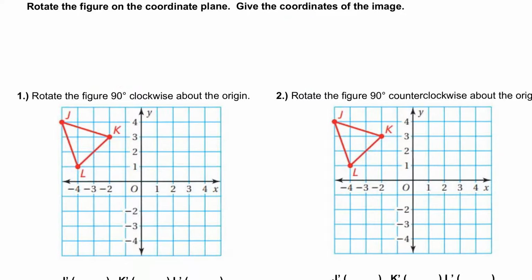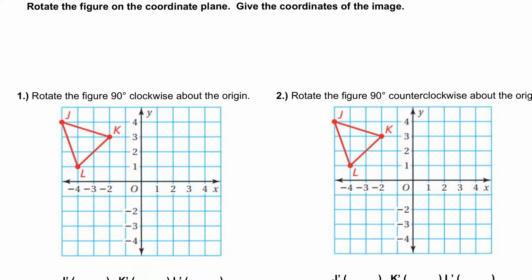So the new coordinates of Q, to get to Q, we have to go 1 left and 1, 2, 3 down. So that's -1, -3. So the coordinates for Q prime are going to be -1, -3. And you can just write them off to the side somewhere and copy them into the correct spots later.